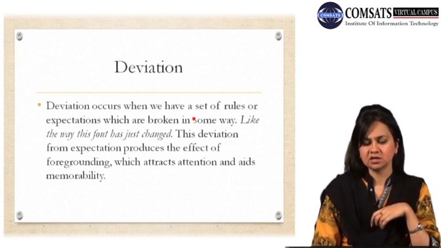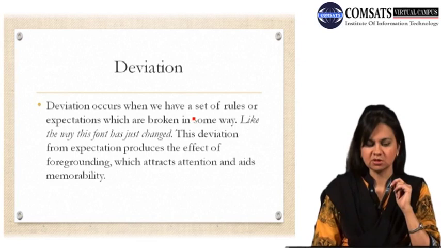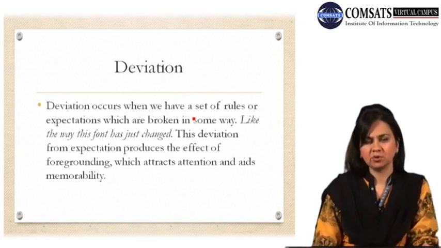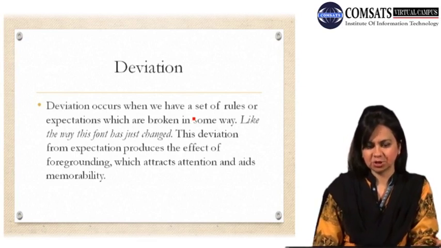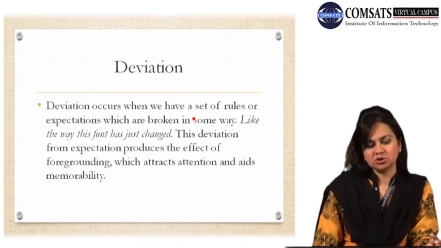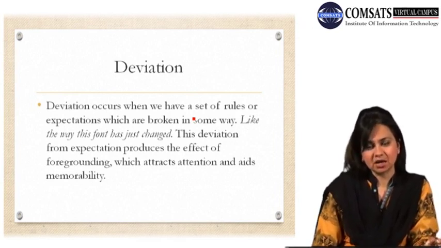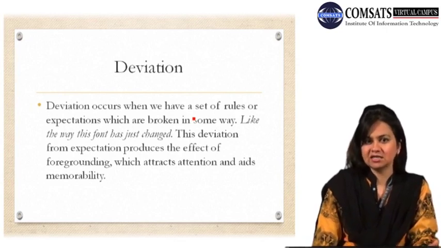Now, deviation occurs when we have a set of rules or expectations which are broken in some way, like you can see on the screen in this slide, where one line has a changed font. Don't you see that this stands out from the rest of the text because it is deviant? It is in italics, the rest of the lines are in regular font: the first and the third lines are in regular font, whereas the second line is in italics.